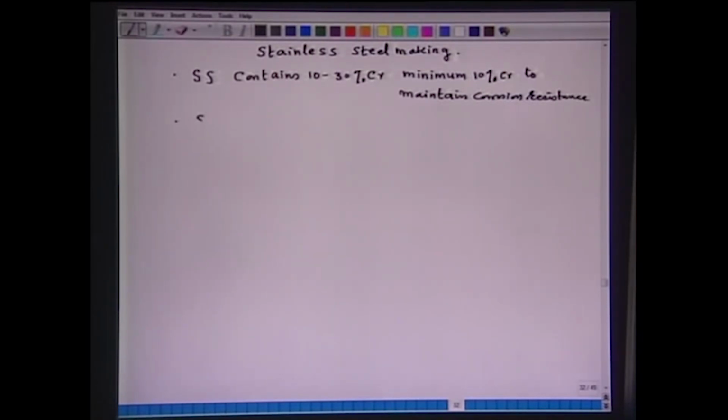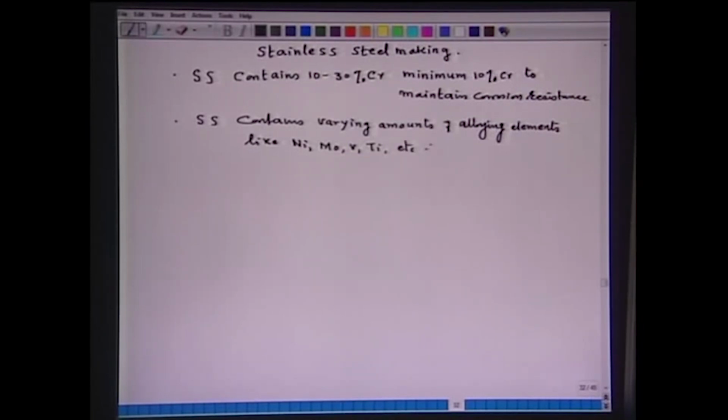Second, stainless steel also contains varying amounts of alloying elements like nickel, molybdenum, vanadium, titanium, etc. These alloying elements are added in order to get some special property.